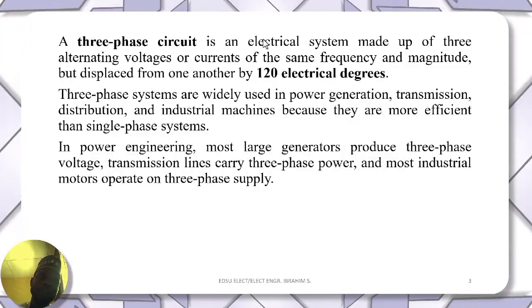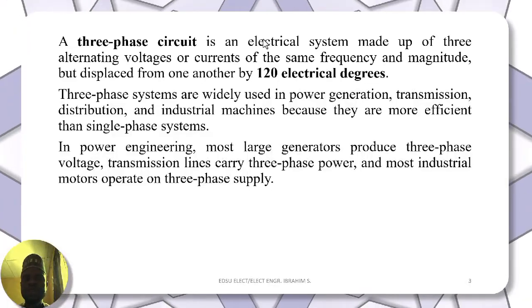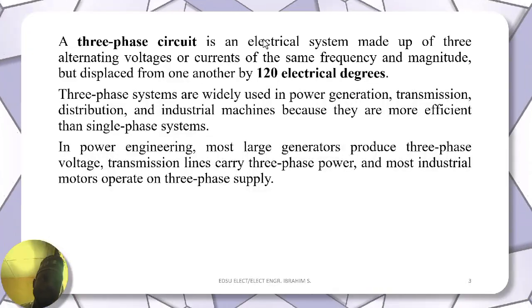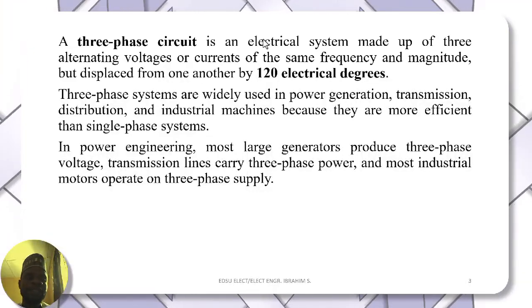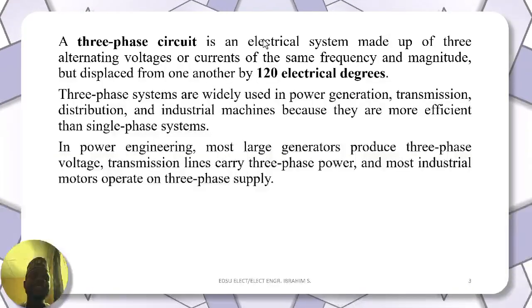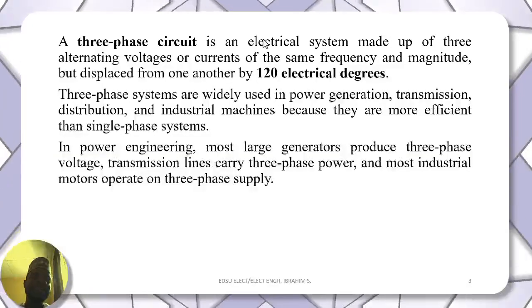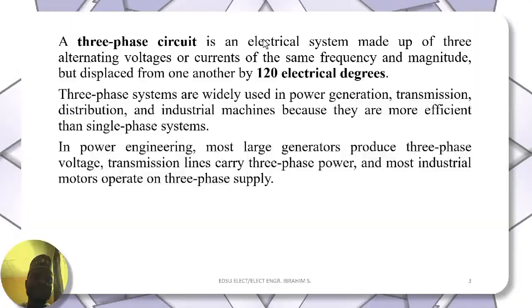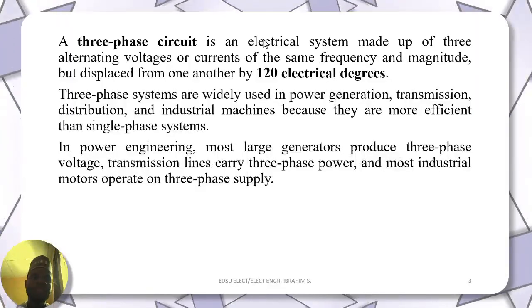A good example is a generating station. The generator, the alternator they use there, is three-phase, which means it's a three-wire system, RYB, coming out from the generator.